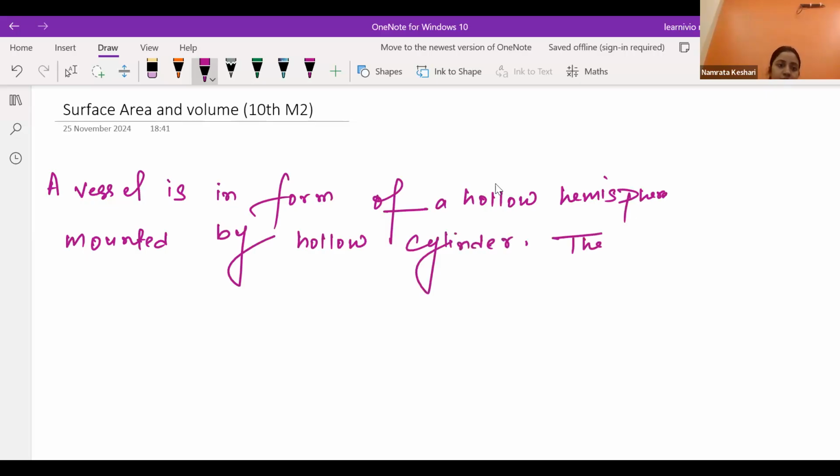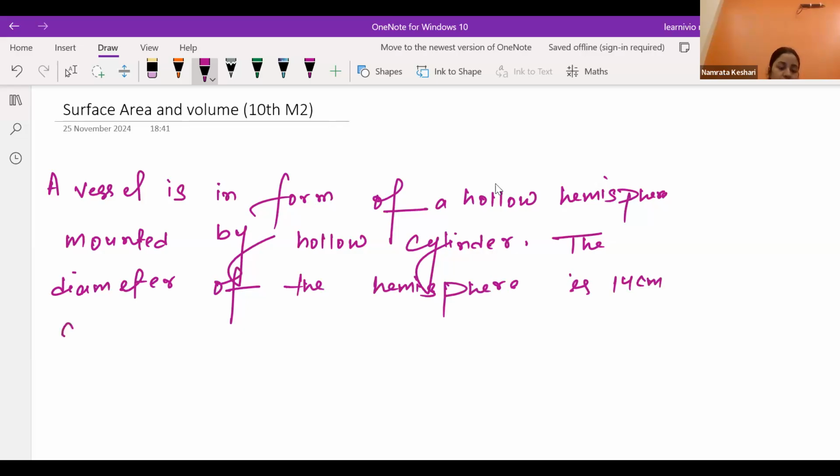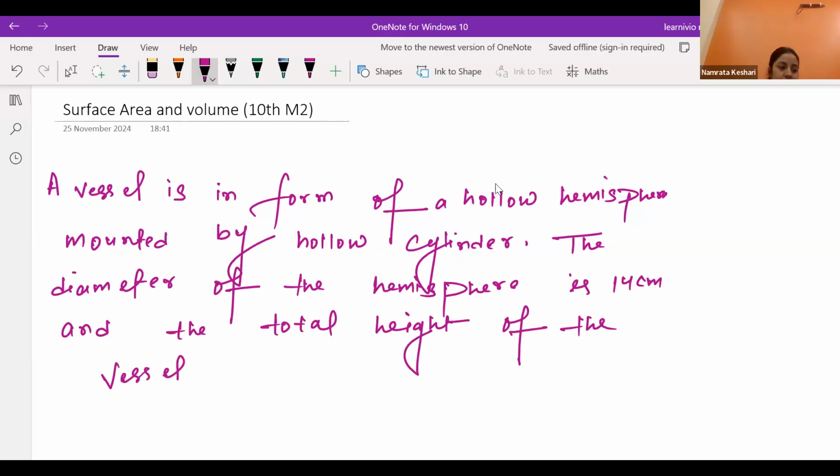The diameter of the hemisphere is 14 centimeter. Okay, and the total height of the vessel is 13 centimeter. Find the inner surface area of the vessel.